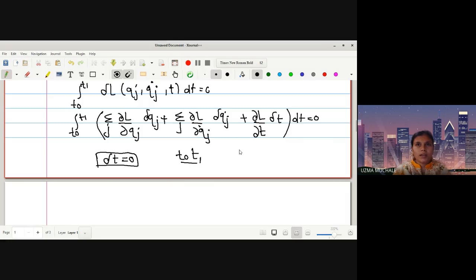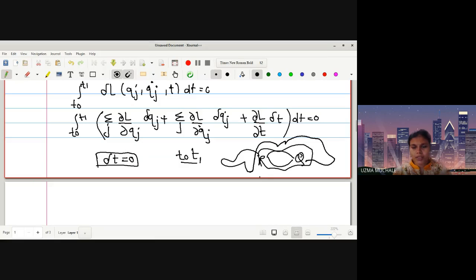Let me show you one example. Suppose you are allowed to move from position A to B, or say position P to Q. We are going to provide you the time interval T0 to T1. Suppose it is 15 minutes. You have to move from position A to B within 15 minutes, right? There are so many paths from P to Q. You can go here, you can go here, and then come back to this.